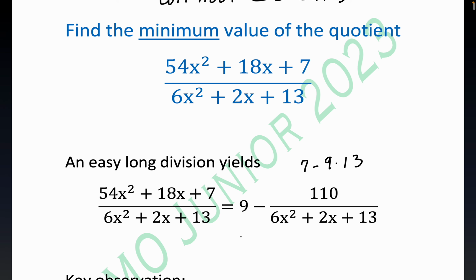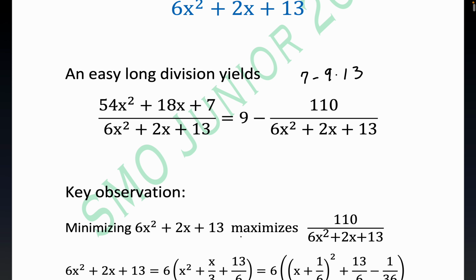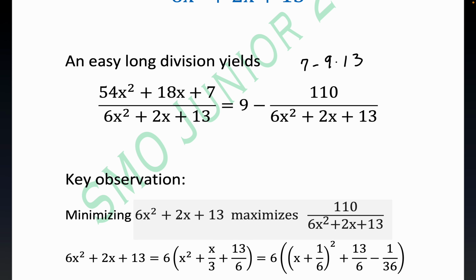Now, the big observation here that makes this thing kind of melt in your mouth is: if you minimize the divisor here, you're going to maximize the whole quotient. I've written it down right here so you don't have to keep listening to me. If you minimize this bottom part, the divisor, that's the same as maximizing the entire quotient.